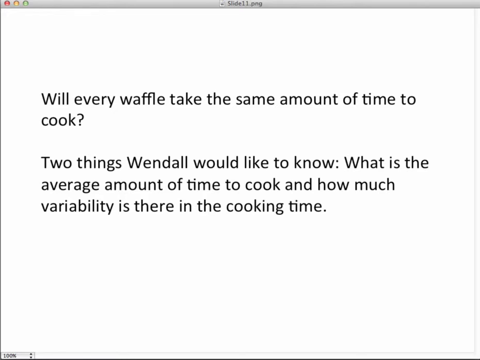So Wendell can go in and cook a bunch of waffles. And if he cooks a bunch of waffles, what he's going to get is an estimate of the average amount of time it takes for a waffle to cook. So if he takes a sample of the cooking times, what he's going to get is a sample average.